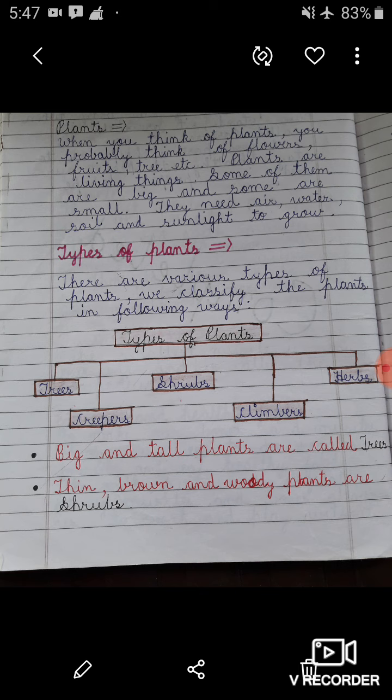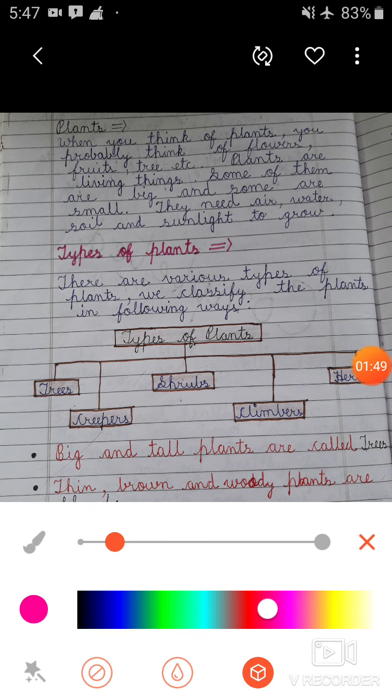We classify plants in the following ways, or we can say that plants are grouped into the following types. You know very well, there are 5 types of plants: trees, shrubs, herbs, creepers and climbers.